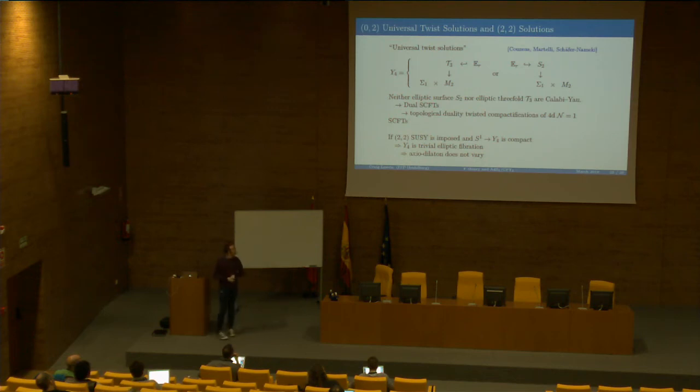The other thing that they noticed in this paper is that if you ask for 2,2 supersymmetry, and you require that this object Y4 is a compact elliptic fibration, then actually Y4 is necessarily trivial. So there are no compact 2,2 solutions where the axiodilaton varies. It's sort of a noteworthy point.